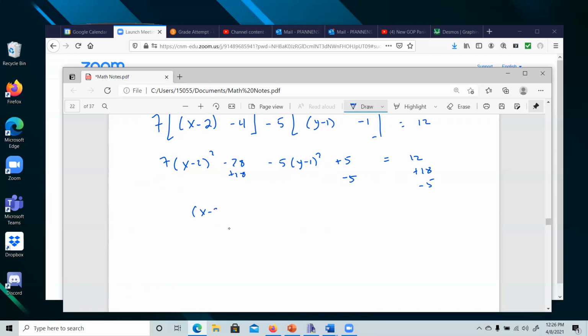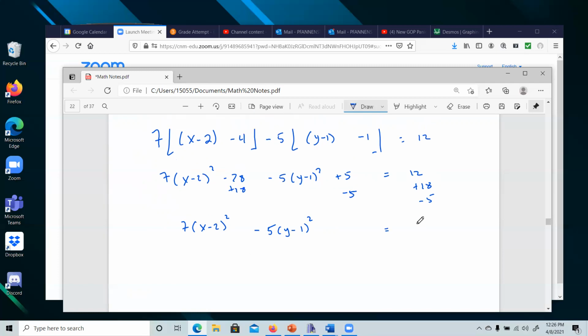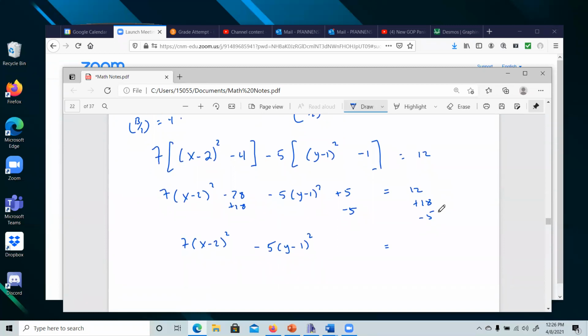So we have 7 times (x minus 2) squared minus 5 times (y minus 1) squared, and that equals, now we have to figure out what all of this stuff is going to equal. It looks like we have 12 and 18, which is going to give us 30, minus 5.